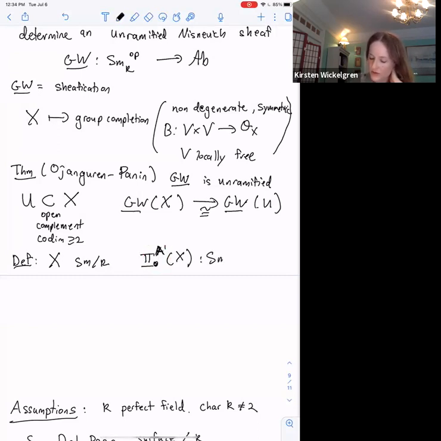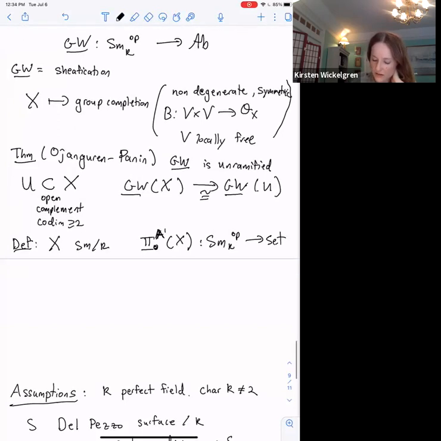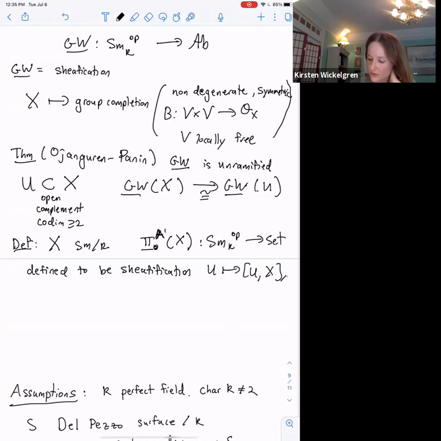So this will be a sheaf from smooth schemes over K, opposite, to sets. And it's the sheafification of U goes to the homotopy classes of maps from U to X, not stable.